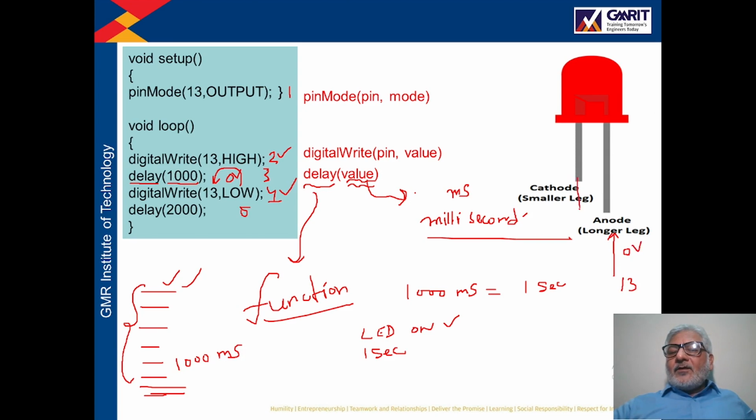Already the cathode is connected to ground, so now there is no potential difference between anode and cathode, right? So the LED is reverse biased, and if the LED is reverse biased, the LED will be off, right? So my statement number 4 will make the LED off.